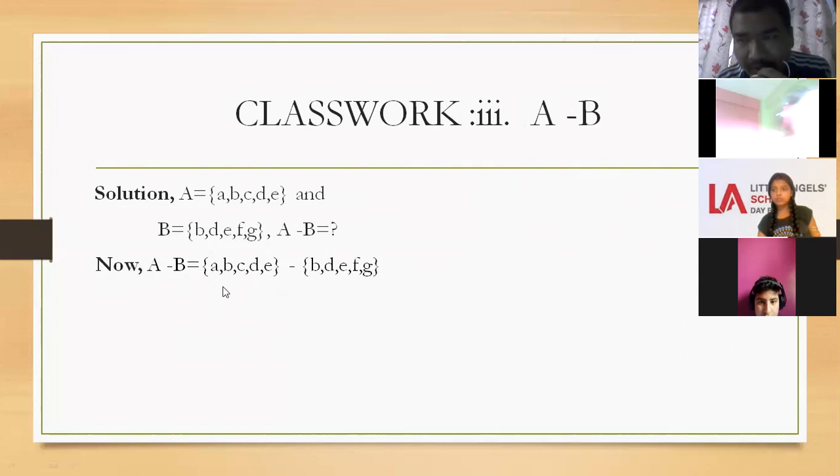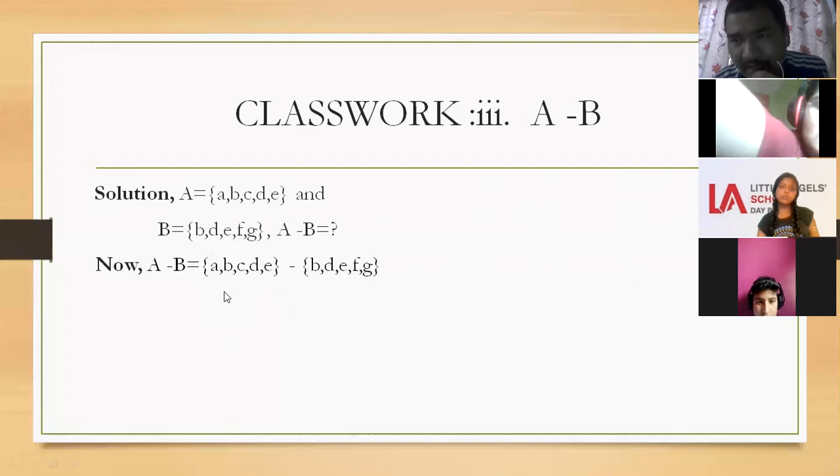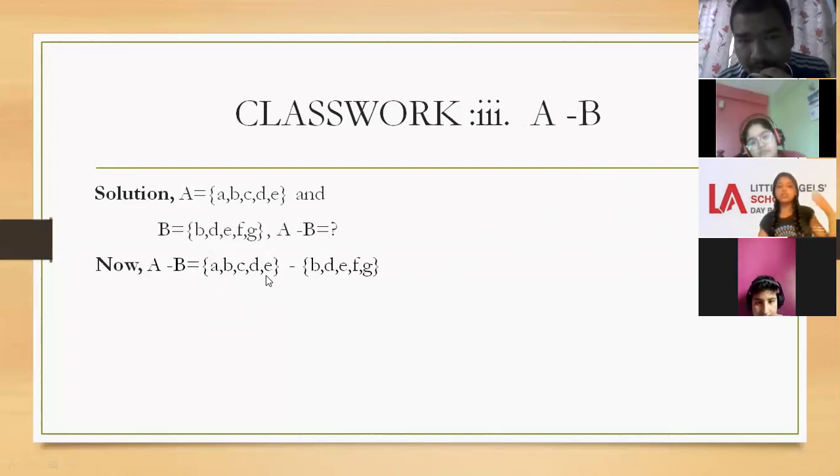Whenever you subtract the sets, we have to see which elements are the common elements. What are the common elements there? B, D, and E are the common elements. Then these will be subtracted. Then we have to write the elements which are remaining in set A.